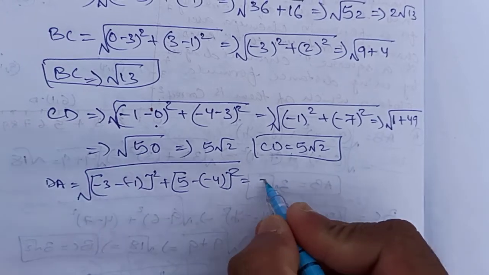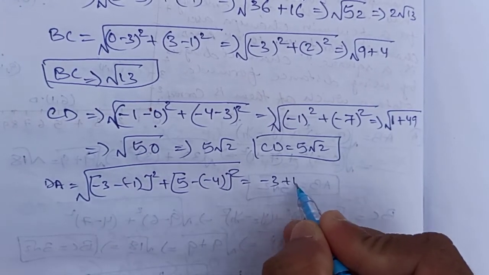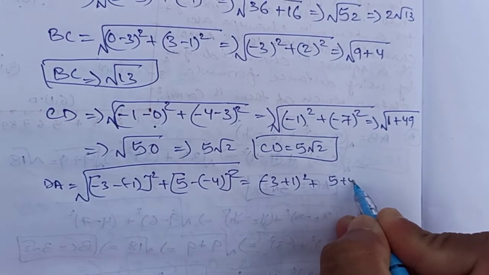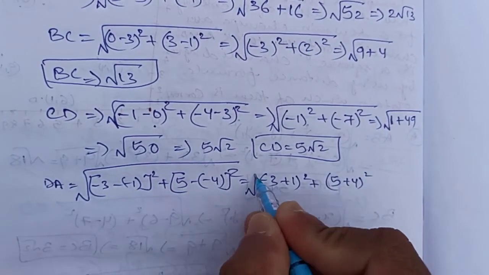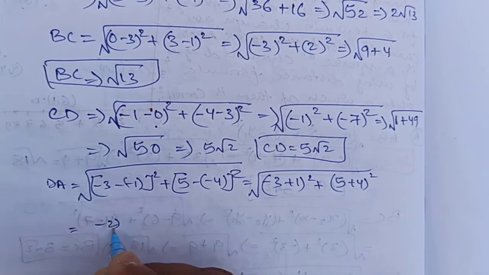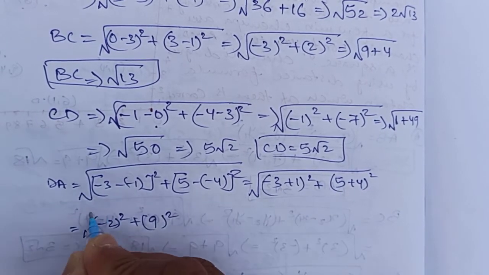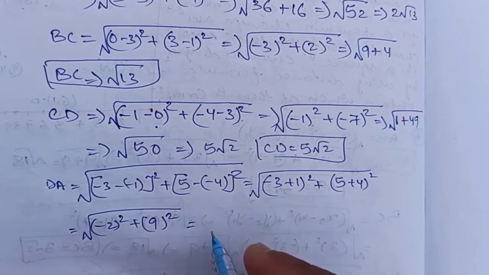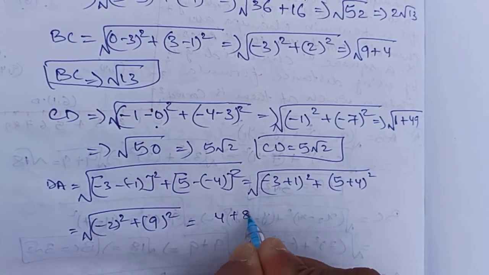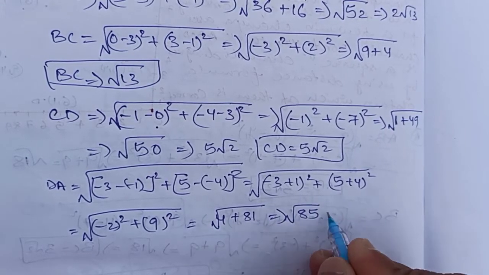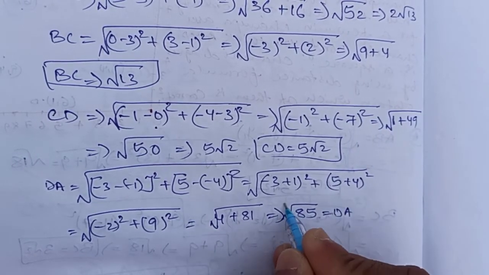So minus 2 whole square plus 5 plus 4 is 9 square, root. 2 square is 4, 9 9s are 81. 81 plus 4 is 85 square root. So this is the value of DA.